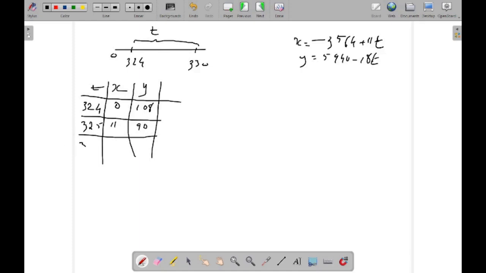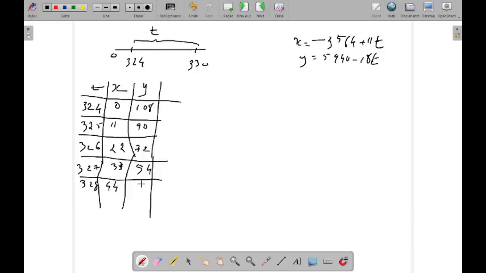When t equal to 326, x equal to 22 and y is equal to 72. And this y is 36. We know x is the large shirt and y is the small shirt.